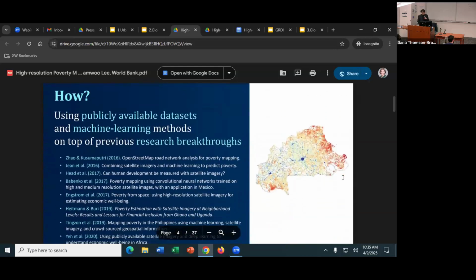So how can I do that? I used publicly available data sources and a couple of machine learning methods on top of previous researchers' great ideas. Over the past few years, there have been major advances in estimating socioeconomic indicators with machine learning and geospatial information.